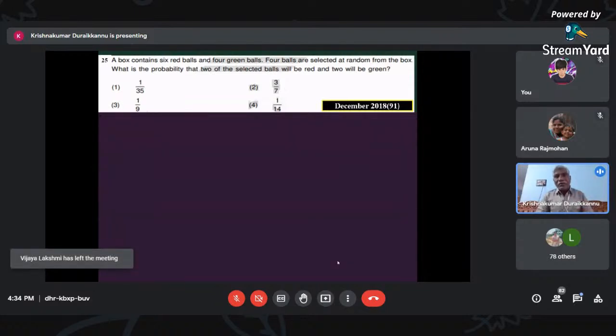Among them we select randomly, and 2 of the selected balls will be red and 2 will be green.